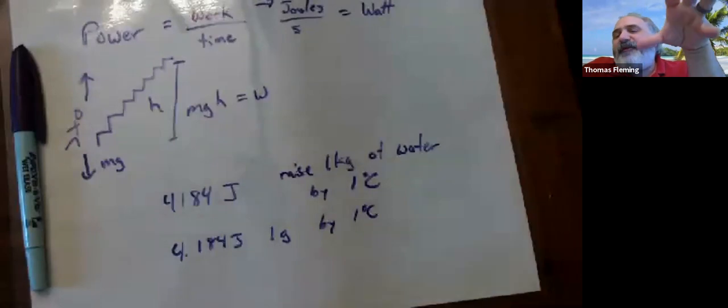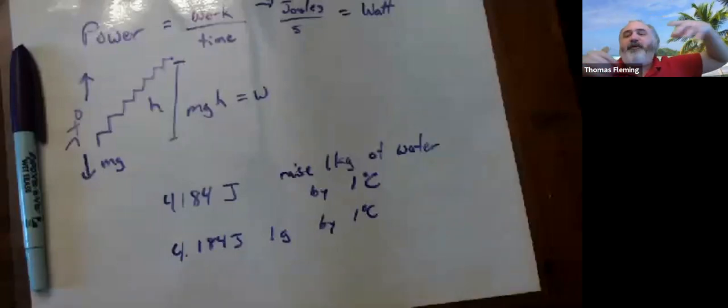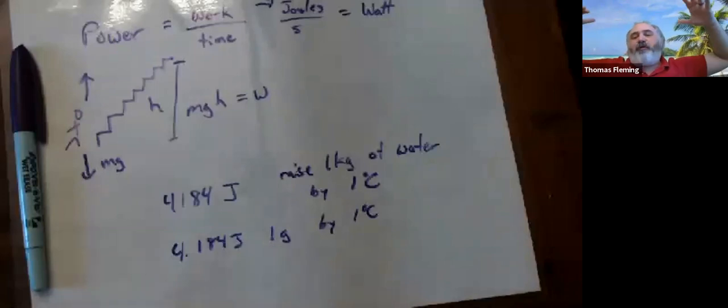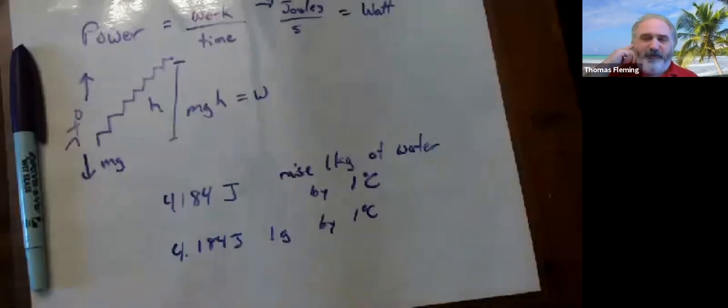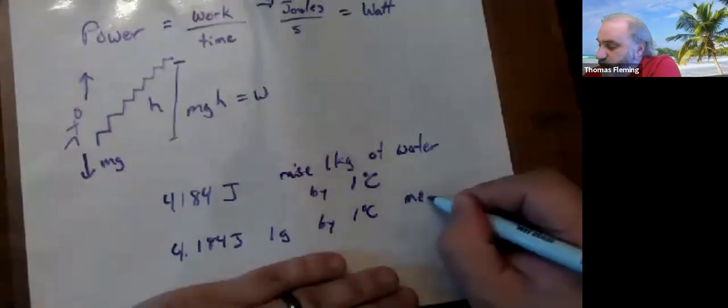And what was baffling about this experiment was that he's turning the stirrers and the water is getting hotter, but there's nothing else around it that's getting colder. So he couldn't say heat's flowing from the cold thing into the hot thing. That wasn't happening. It was like the heat was coming from nowhere. So he realized that this is what we call the mechanical equivalent of heat.